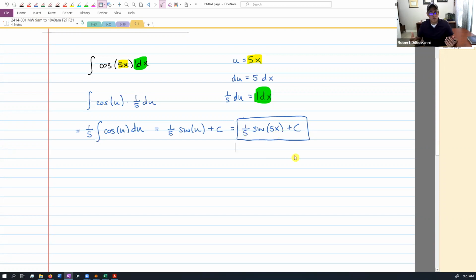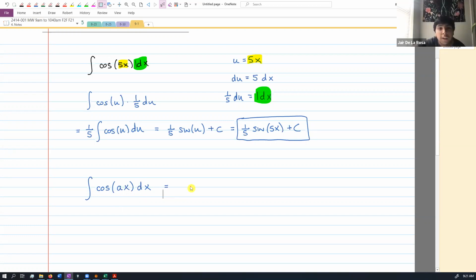Now, you can use that idea to get a more general formula for something like this. So think about this. If I were to give you the antiderivative of cosine of, let's say, ax. So I just tell you that I have some number in front of x, right? So here a is a constant. Then using this same sort of idea, can somebody tell me what the antiderivative of this should be?